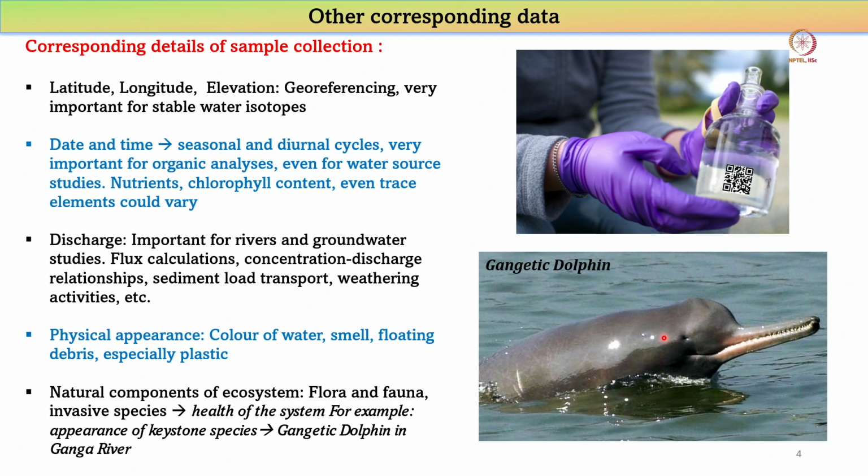So if you can spot a dolphin, you can definitely say the river water quality at that particular location is very good. When the Namami Gange program was going on, and many measures were taken so that pollution could be controlled in the Ganga river, the return of the Gangetic dolphin up to the midstream and upstream locations was a great indicator that the water quality is slowly improving, because they cannot live in contaminated or compromised water.